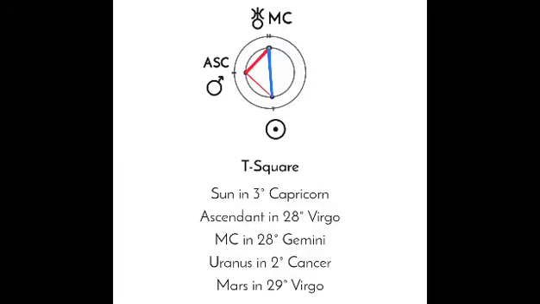She has very good insight when it comes to becoming these characters in her 10th house of her career. So this is in opposition to her sun, which is in Capricorn.